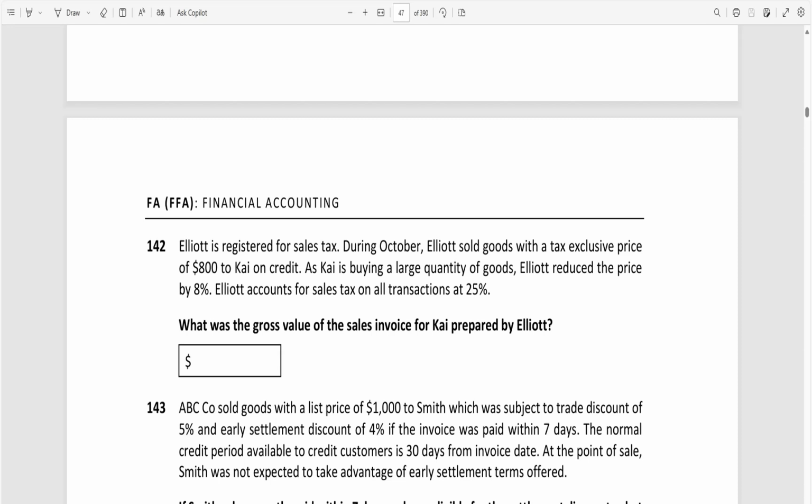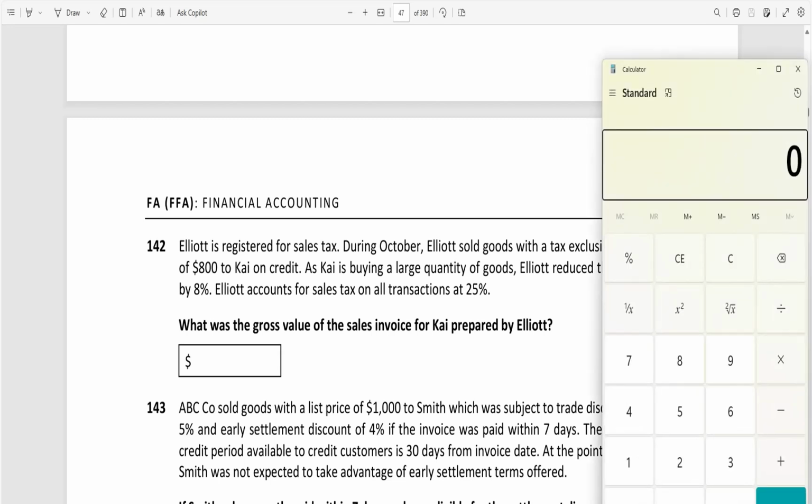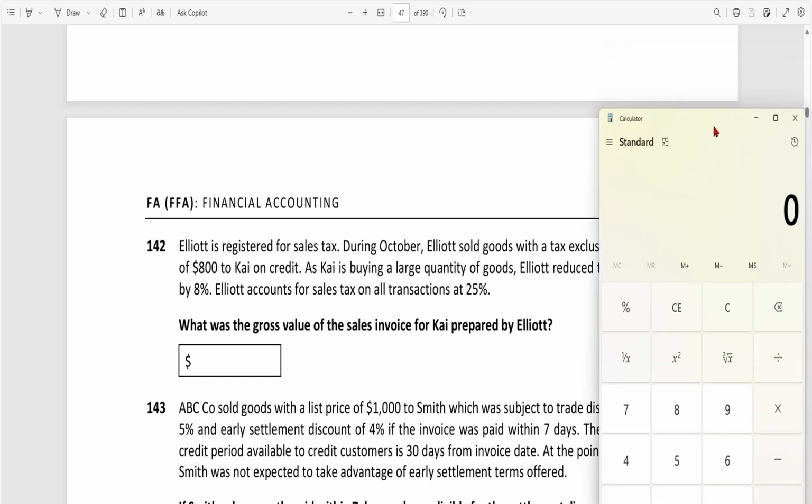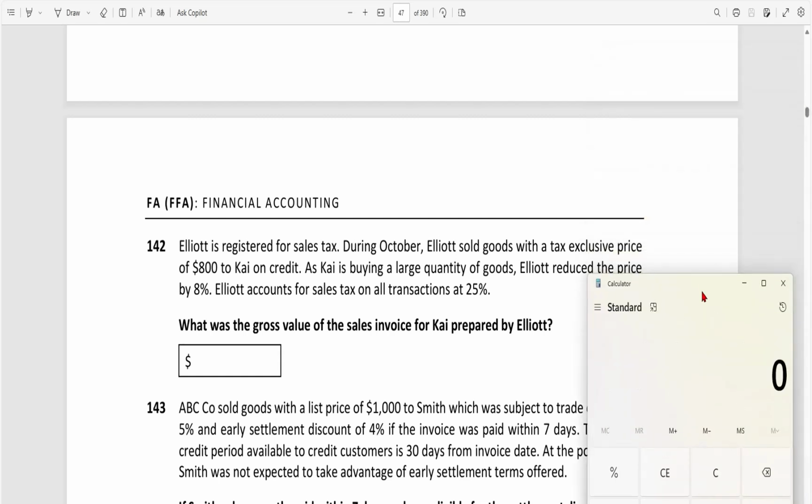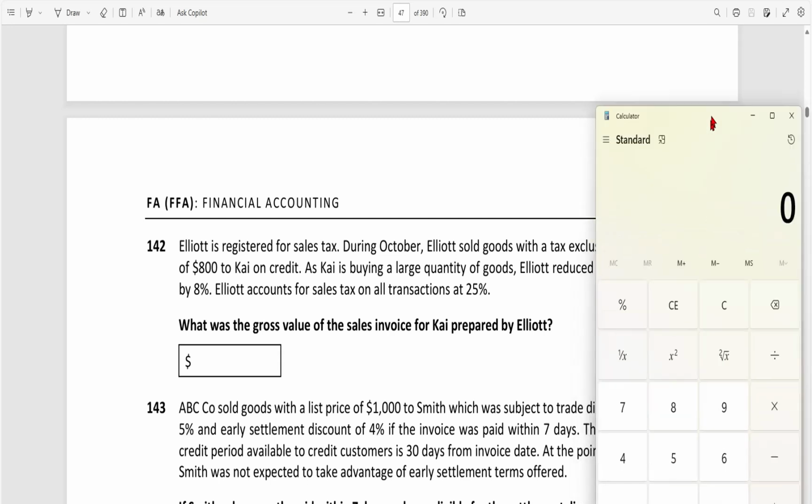You can solve this question by the logical method as well, and I will explain the rules of what to do in such a situation. Basically the price of the goods excluding the VAT is 800, right?